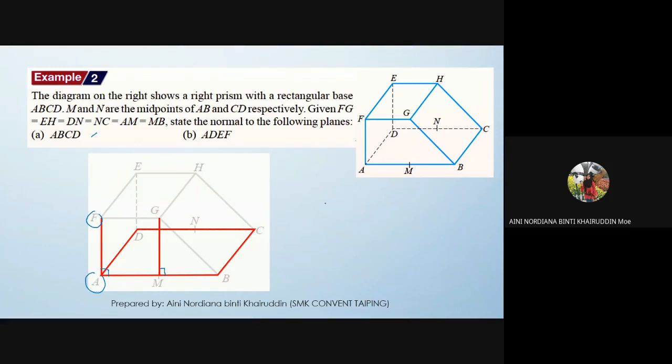Okay, more? ED, teacher. Yes, correct, ED. Oh, sorry, you already gave that answer. Your friend said just now ED. Another one, HN. So all together there are 4. Don't get confused. So FA, GM, HN, and ED. GB cannot, because GB does not form 90 degrees.